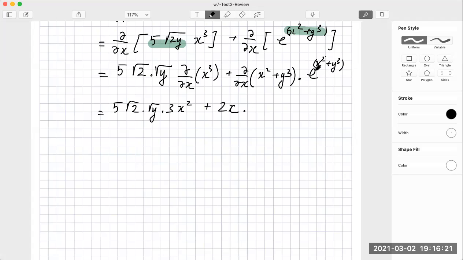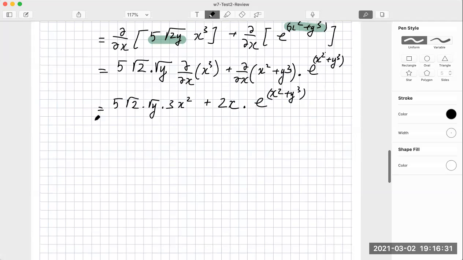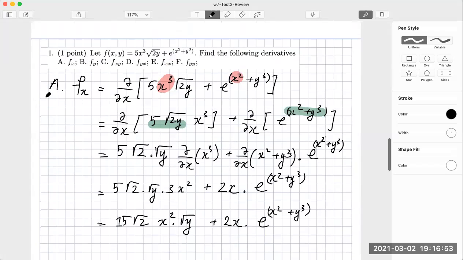And multiply with this guy, which is e to the x squared plus y cubed. Or you can simplify further. 5 times 3 would be 15 square root of 2, and here you can write it as x squared square root of y plus 2x e to the x squared plus y cubed. That is question A.